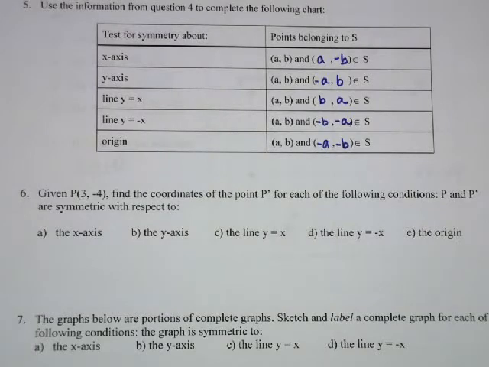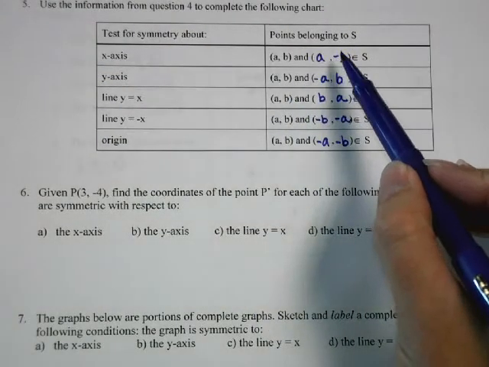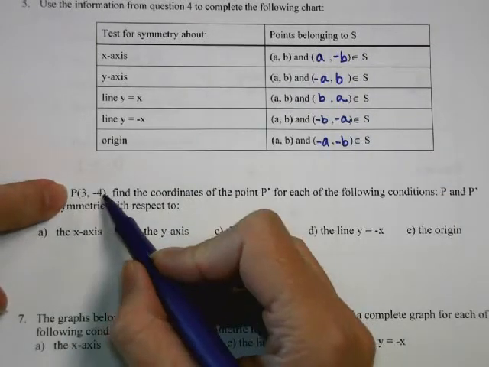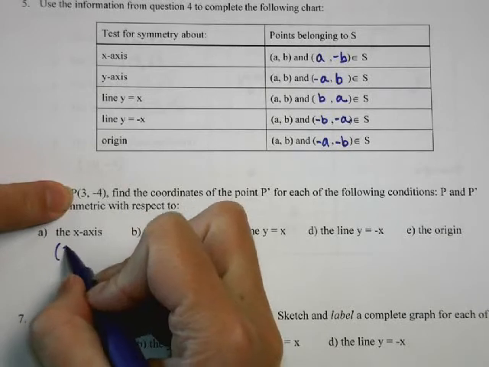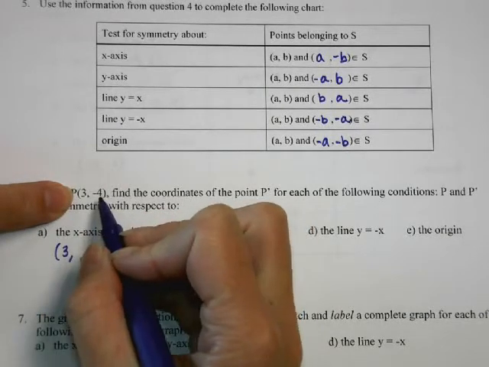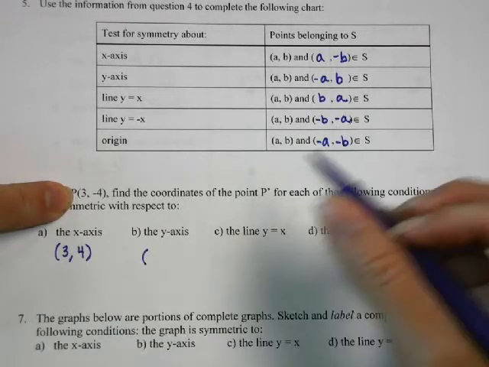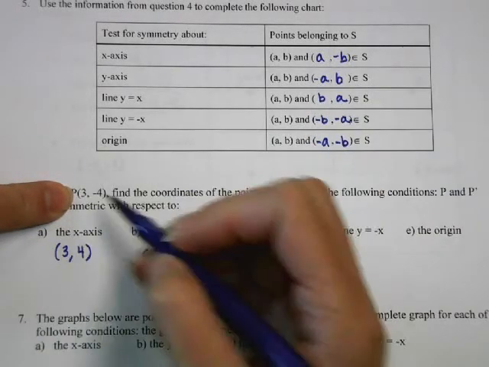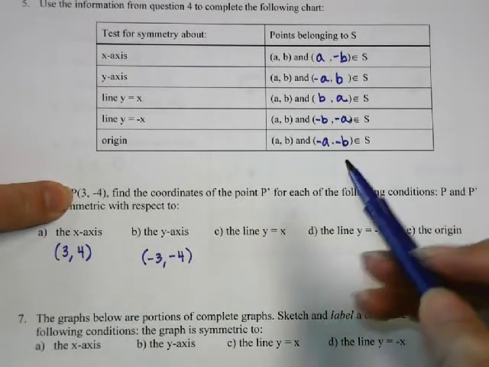Now, without having to graph the point, we can come up with the coordinates for the same symmetries. So we're just going to apply these rules, and negative means opposite. So if we're going to take 3, negative 4, and apply this rule, the 3 stays the same, but the negative 4 becomes opposite. So it's going to be positive 4. Y-axis, we're going negative A, B, so that's going to be a negative 3, negative 4.